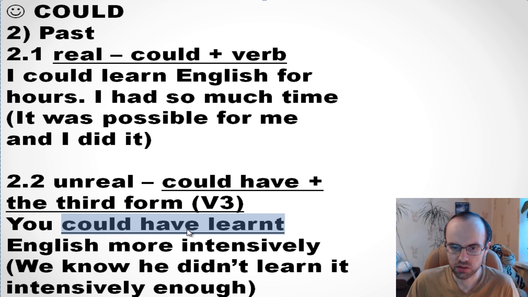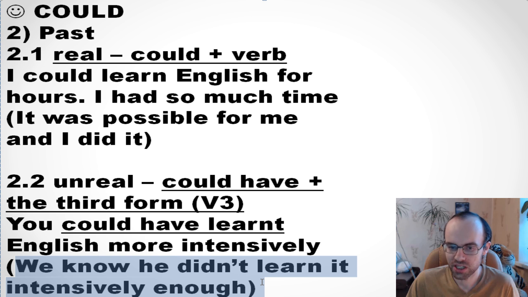Good, very good. So, could have learned, learned is the third form. It means that I know that you didn't learn English intensely. Yeah, we know he didn't learn it intensely enough. So it's like a recommendation. It's like some kind of advice.